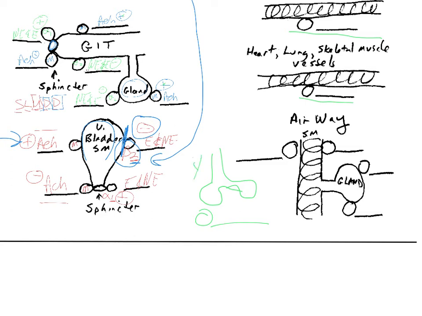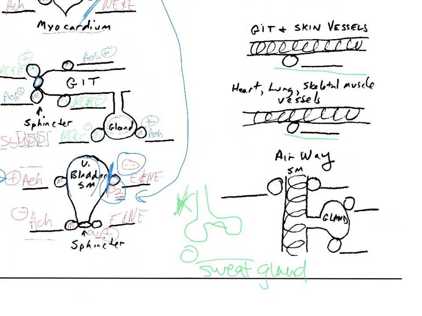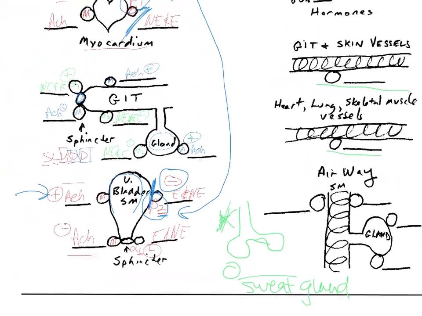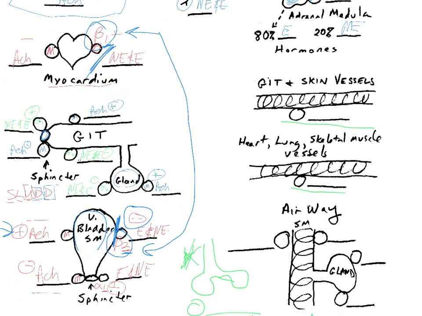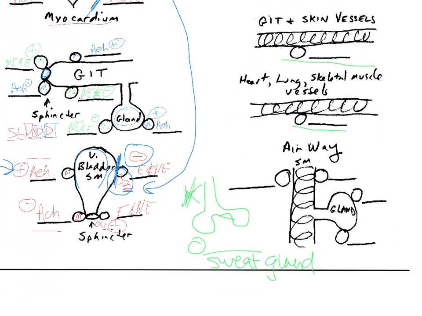This one, the sweat gland, is totally different than anything else we've seen, which is why you should take a look at it. It's also singly innervated. Okay? Airway, dually innervated, you can see all those. If you have any trouble with those, get in touch with me and we'll walk through it. We'll figure it out. But I went through enough on the example side. Hopefully you can get the rest.